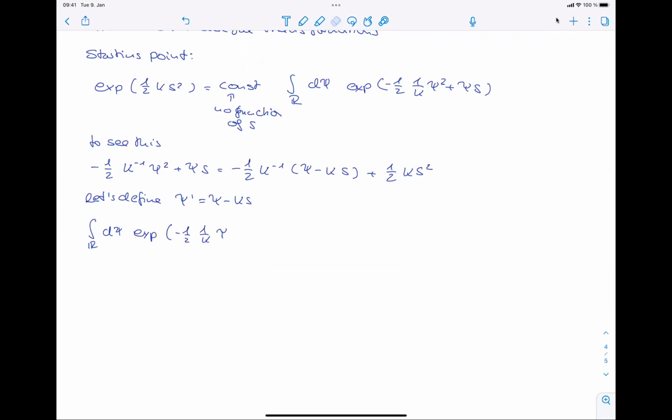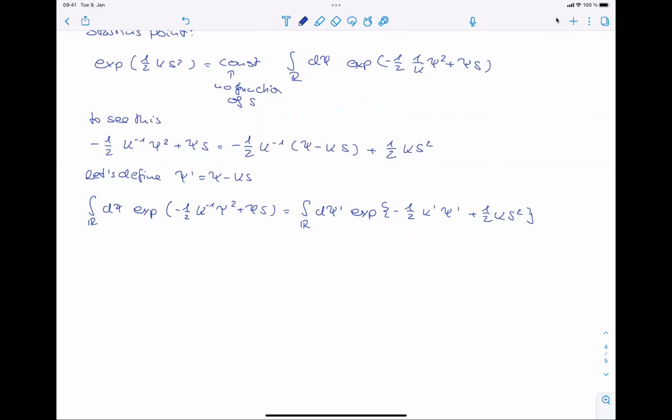So we can write the right-hand side of the above as an integral over d psi prime, with minus a half k inverse psi prime squared plus a half k s squared. This now doesn't depend on psi, so we can move it out.